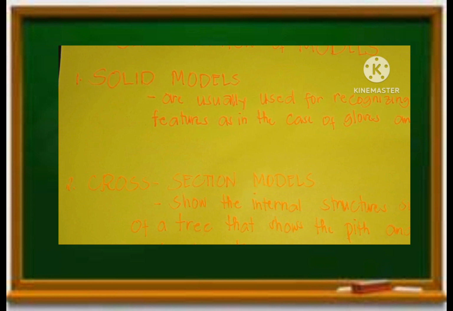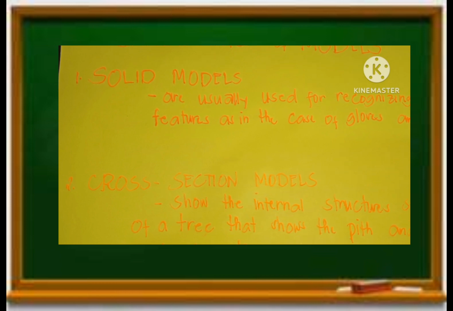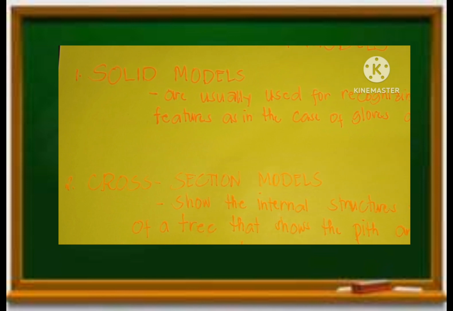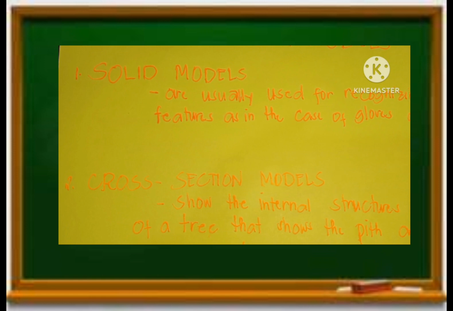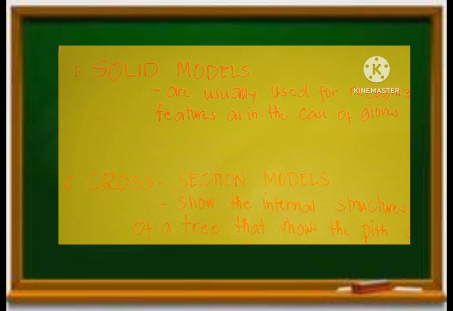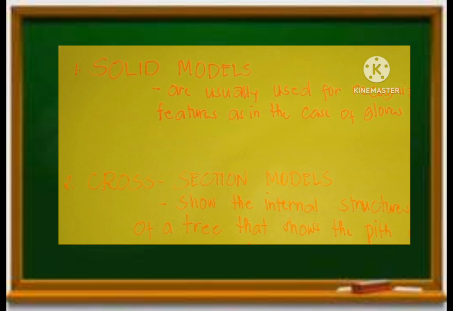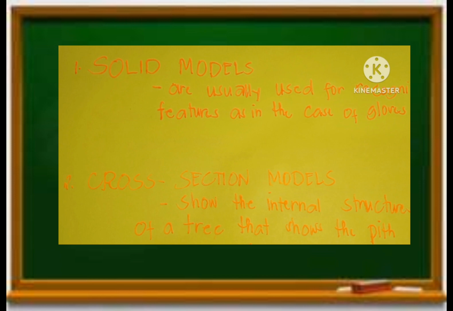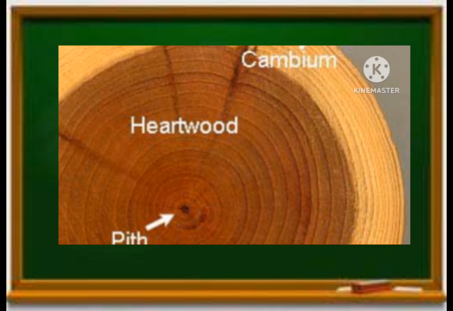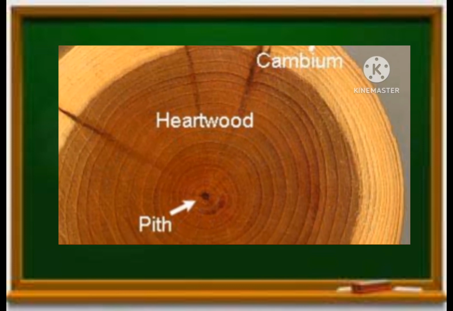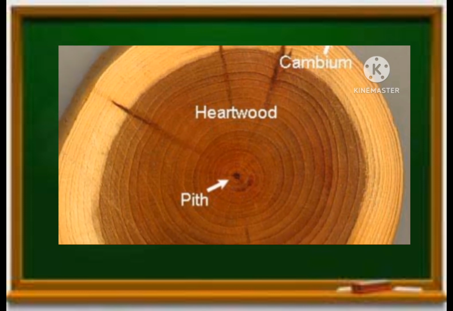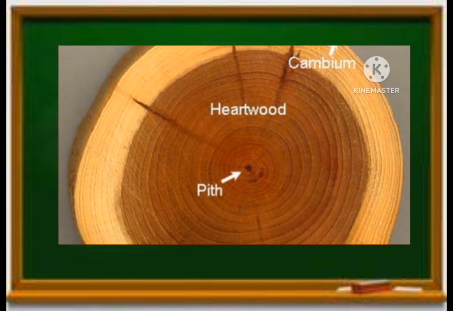It means they show the internal structure or features, such as the center of the tree. The tree is sliced in half, then you can see the other parts of the tree, the heartwood, the cambium, the pith, which is in the center of a tree.